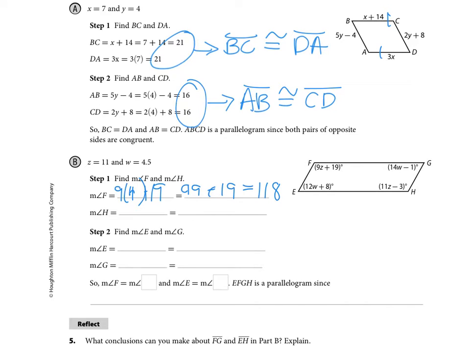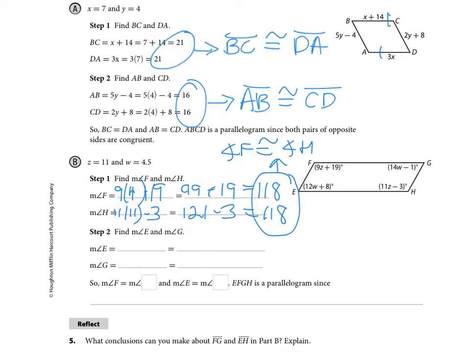The measure of angle H is going to be 11 times 11, minus 3. So that's 121 minus 3, which also gives us 118. And so what we've just proved is that since those degree measures are the same, angle F is congruent to angle H.